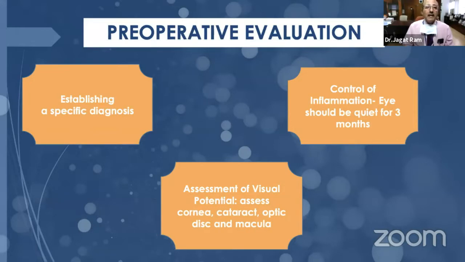In the pre-operative evaluation, it is most important to establish the specific diagnosis. Once any patient of uveitis develops cataract, it is important to control inflammation, and it should be quiet for at least 3 months. And then it is important to assess visual potential.